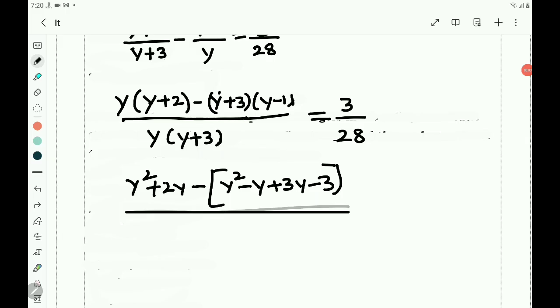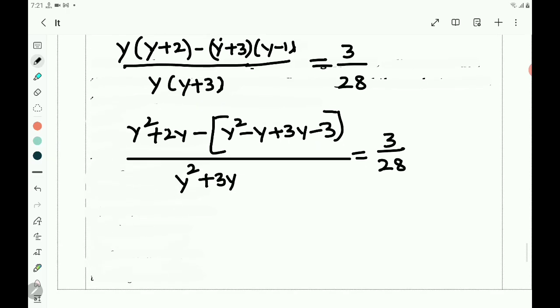By y into y square plus y into 3, 3y, equals 3 by 28. Then open the bracket, write y square plus 2y as it is.